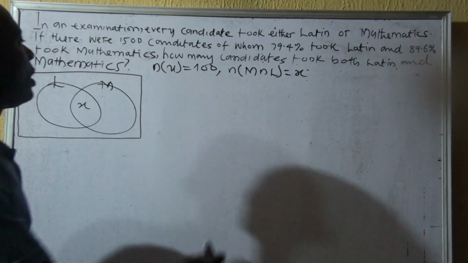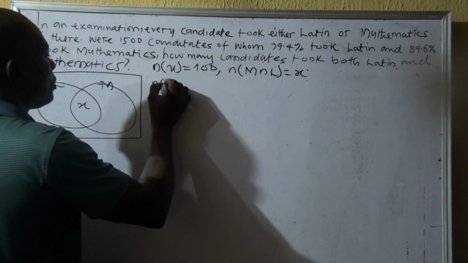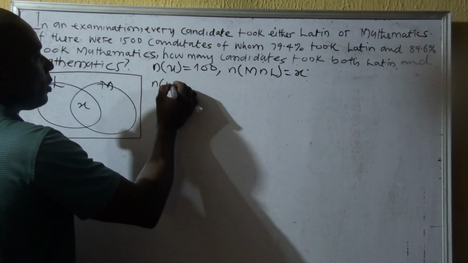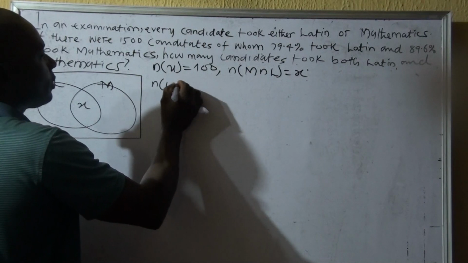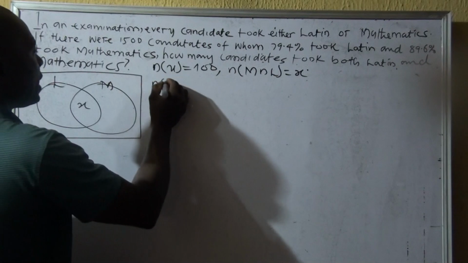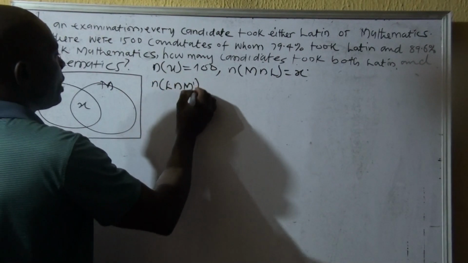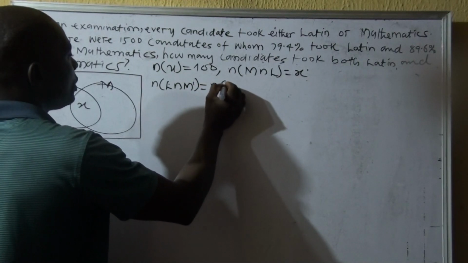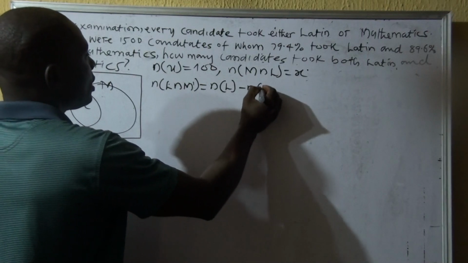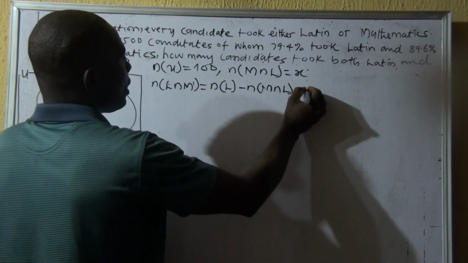Then, for us to find the number of those who did only mathematics, let's look for the number who did only Latin first. The number of Latin only, that is Latin intersection mathematics complement, is equal to the number of those who did Latin minus the number of those who did both mathematics intersection Latin.